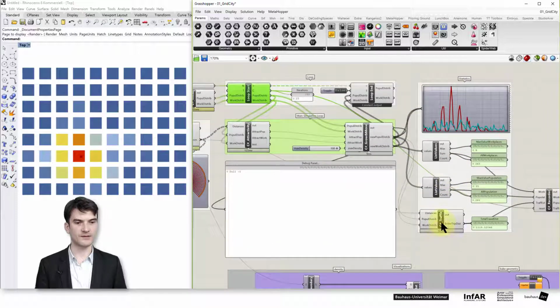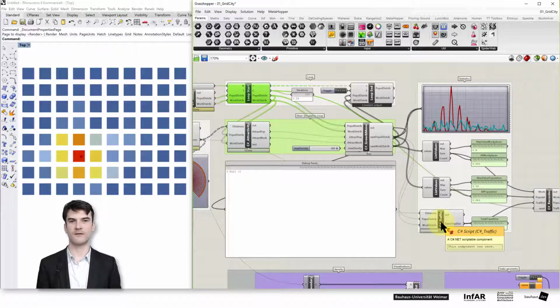Another interesting value is the traffic measure. So we can make a very, very rough estimation of the traffic that's generated by the land use pattern that I create with the simulation. It means the distribution of workplaces and the distribution of households cause certain traffic, because I assume that people in a household need to travel to work and back every day, for example.